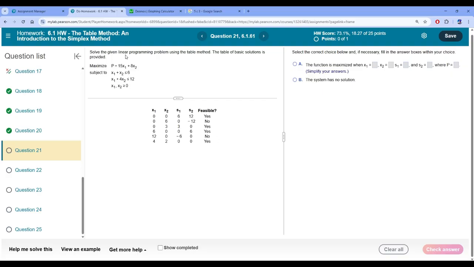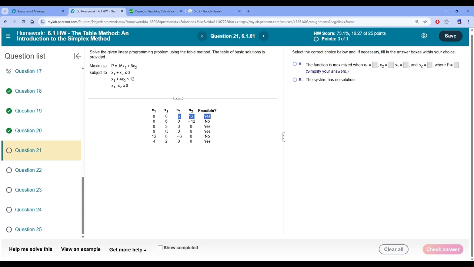All right, solve the given linear program below. Select the correct choice below, and if necessary, fill in the answer choices. Feasible, yes. So what do I do with the methods? Do I add them? P is x1 plus x2. So obviously this is not going to be the maximum profit. 0, 3 would be 24. 15 times 6 is a lot bigger.